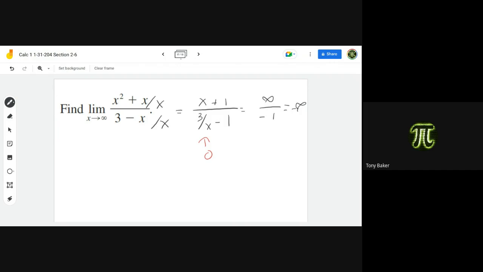So while it doesn't have a horizontal asymptote, I'm looking for what the limit's doing. In this case, this limit's going to negative infinity.